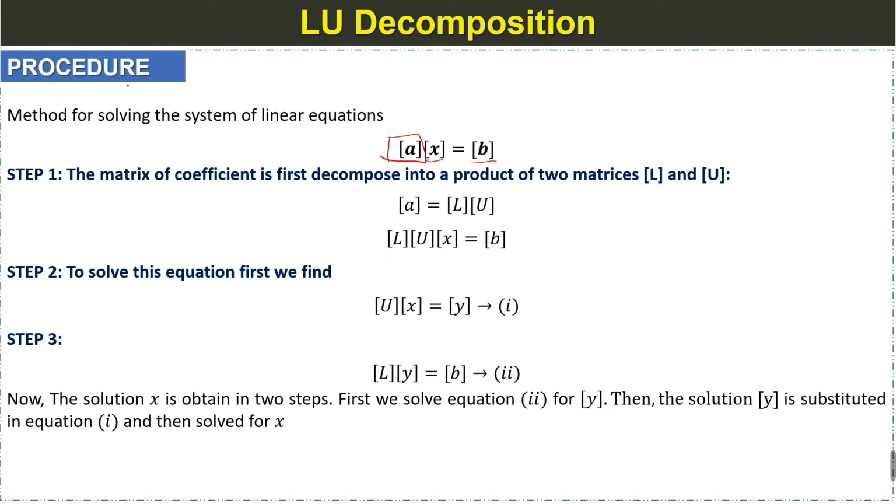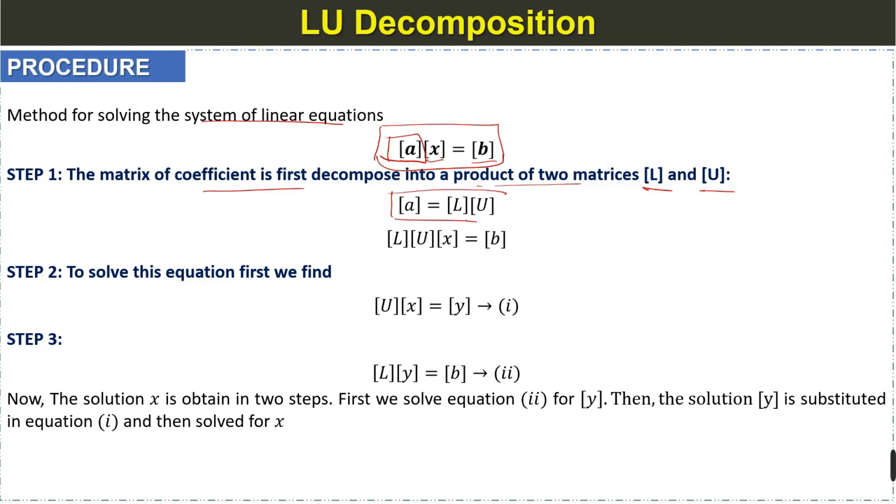Okay, so the procedure, the method for solving the system of linear equations. These are the system of linear equations in matrix form. And in the first step, the coefficient matrix is decomposed into the product of a lower triangular matrix and an upper triangular matrix by applying Crout's method.